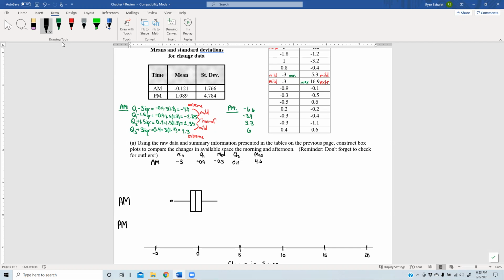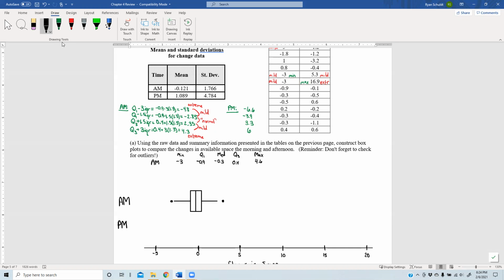Sorry, mild outliers are closed circles. My bad. I got them backwards. Closed circle. And then at +3, I need a closed circle.